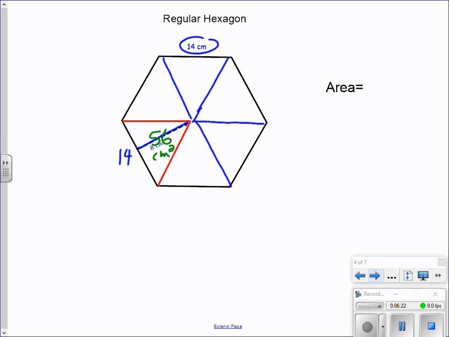And then times that by 6, because they're all 56. All right. So we could easily find the area. That would be 56 times 6. And if you're not sure what that is, use your calculator, 336.